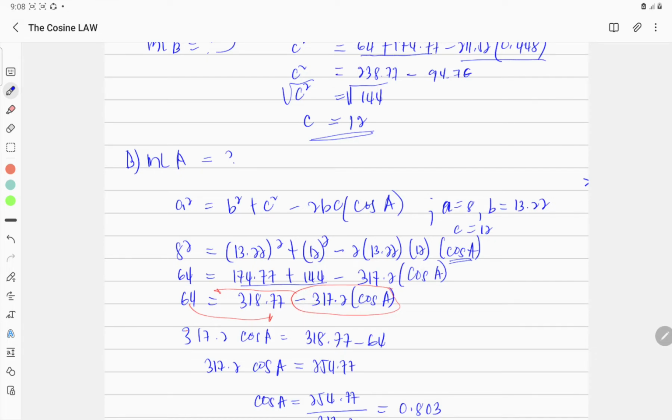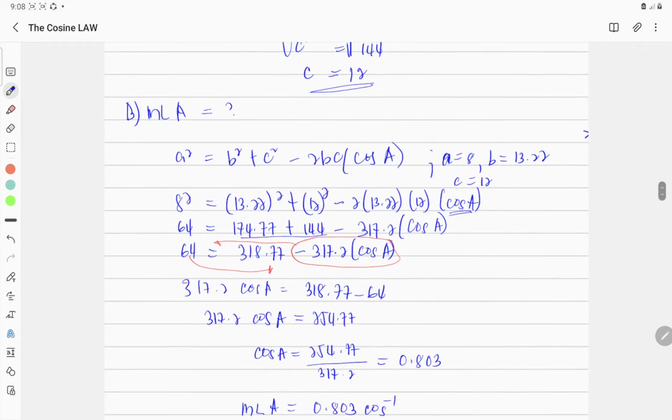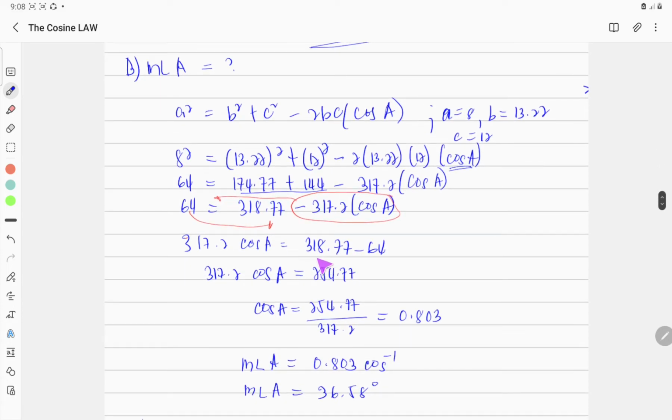So transposing, this negative becomes positive, 317.2 cosine A. The 64 is positive, so it becomes negative when transposed. Working on this, it becomes 254.77.